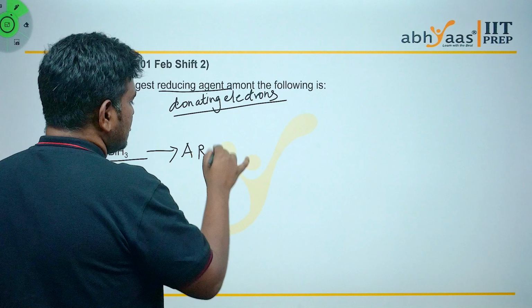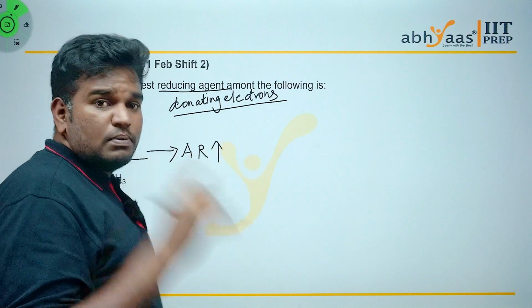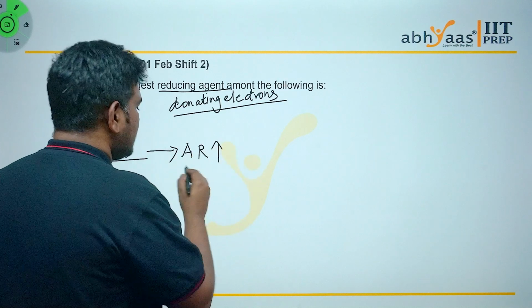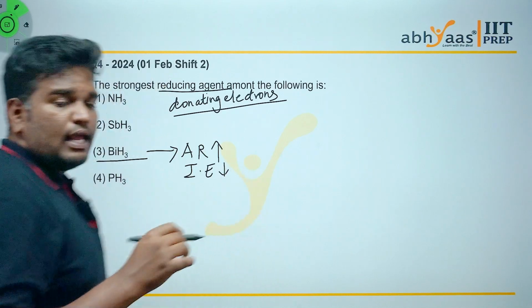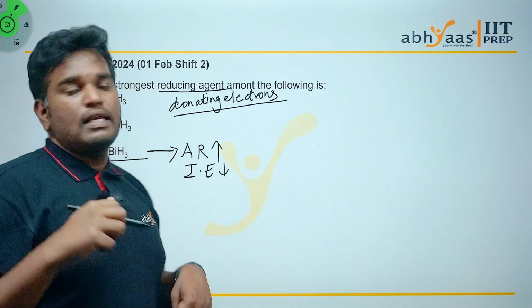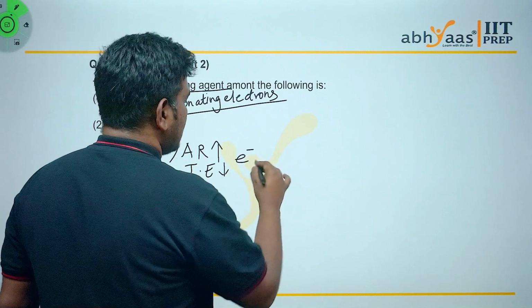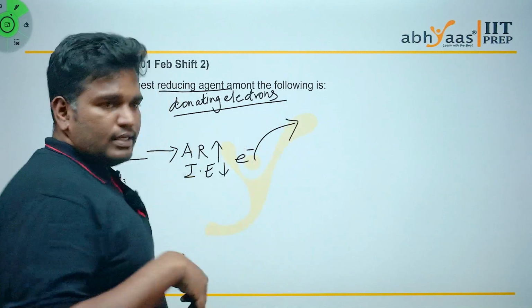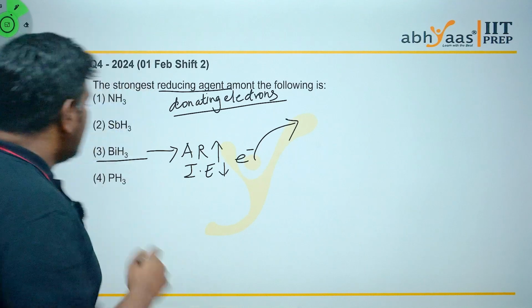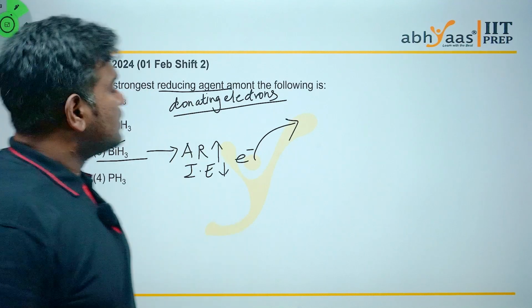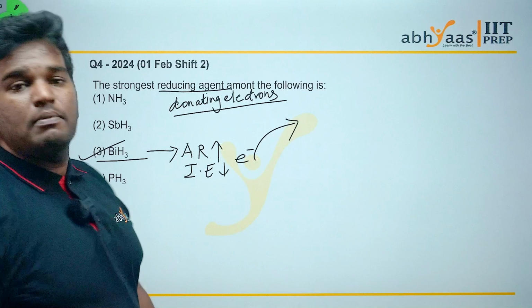Atomic radius is increasing. If atomic radius is increasing, ionization enthalpy will be very less. And also the bond length is increasing, so electrons can easily be donated by this particular BiH3. So we have to say that BiH3 will be the strongest reducing agent among the following.